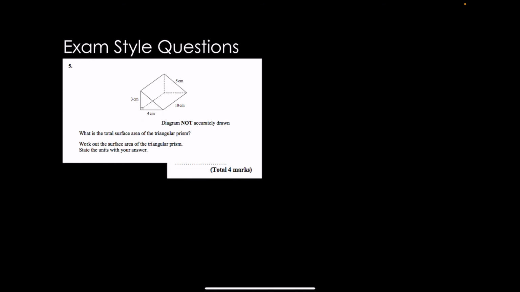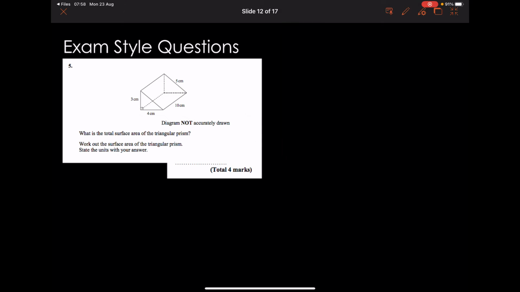Okay, if you've had a go, let's go through this. Now then, remember, surface area means we need to find all of the faces. There isn't necessarily a formula for this, but you can see we've got a face here, one on the bottom, and one at the side.